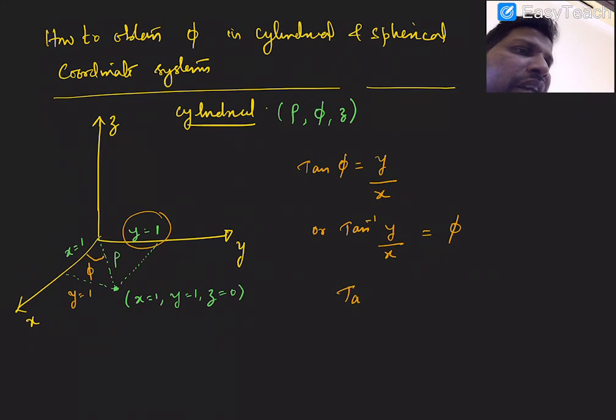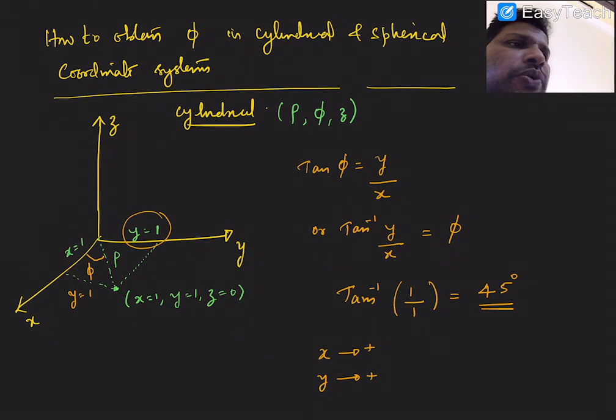So you will get tan inverse of 1 over 1, since y is equal to 1. You can see here that x is positive and y is also positive. So you will get the angle tan inverse 1 over 1, which is 45 degrees. I hope this is clear to you.